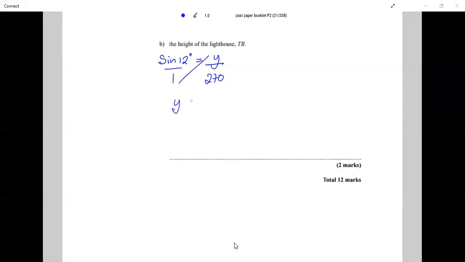So y is equal to 270 sine of 12 degrees. Therefore, y, which is TS, is equal to 56 meters. And of course, that is to the nearest meter. So TS is equal to 56 meters to the nearest meter.